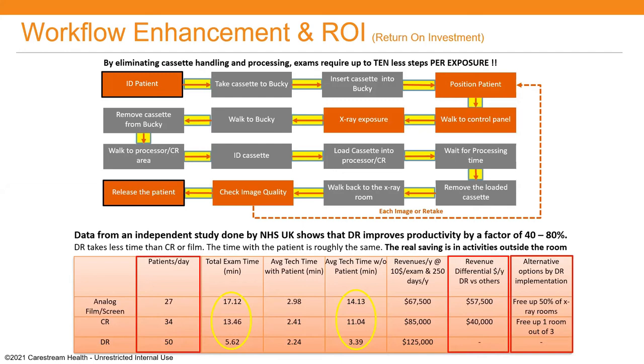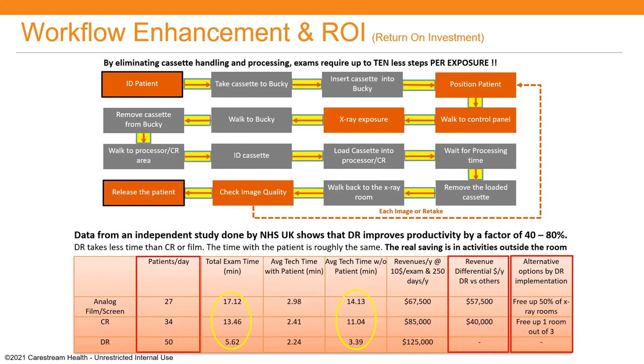When they move to CR, that turnover, due to the increase to 34 patients per day because of the increased efficiency, goes to 85,000. And if they upgrade to DR, they can improve further and move to 125,000. So what does it mean?